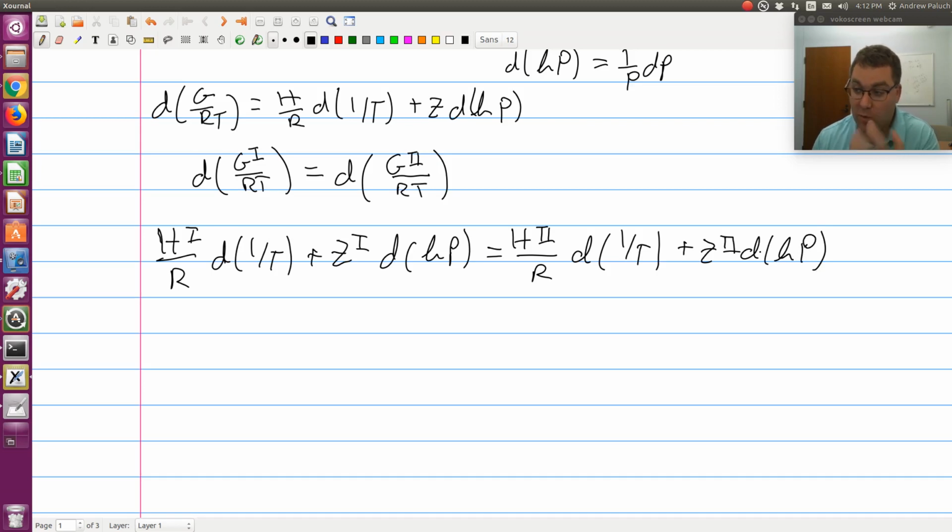Okay, and so what I'm going to do next is just collect terms. Remember, temperature and pressure of the two phases are the same. So maybe let me collect the dT terms over on the left-hand side and the Z terms over on the right.